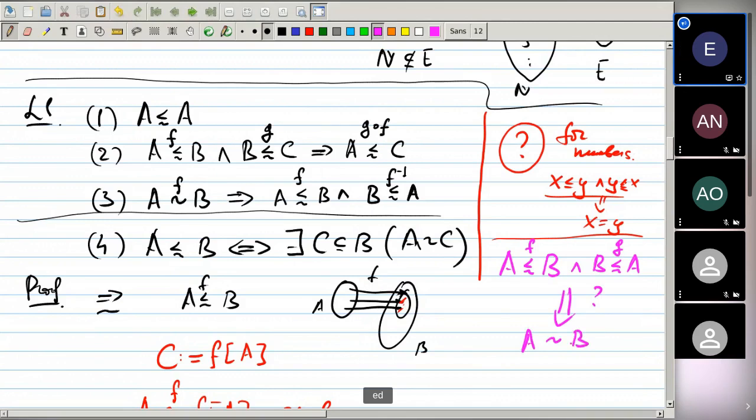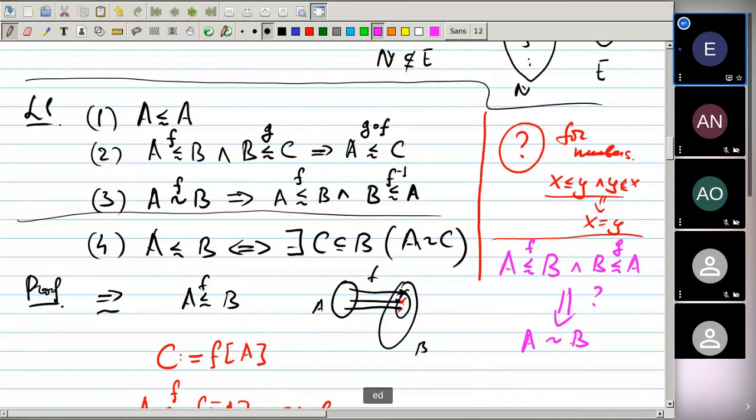You know, clearly it is not necessary that F is surjective. F has no obligation to be a bijection. Likewise, G has no obligation to be a bijection. But is there a bijection between A and B?